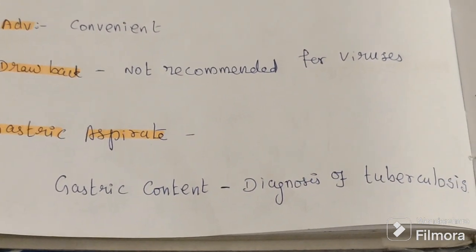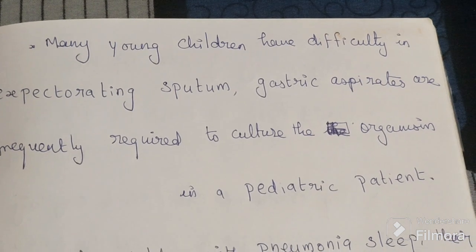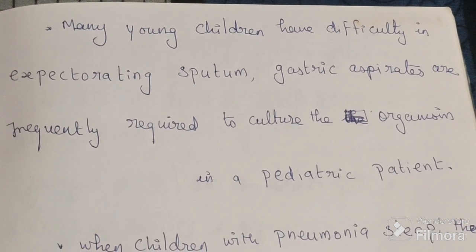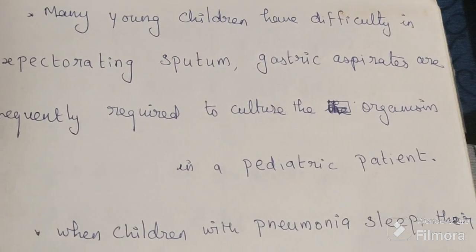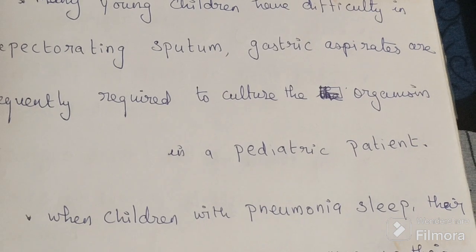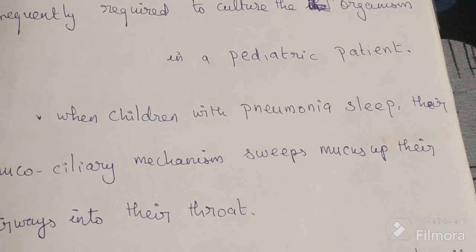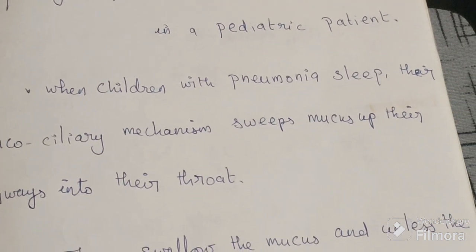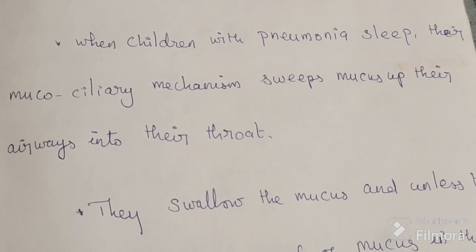Then gastric aspirate, for diagnosis of tuberculosis. Many young people have difficulty expectorating sputum. Gastric aspirates are frequently required to culture the organism in pediatric patients. When children with pneumonia sleep, their mucociliary mechanism sweeps mucus up the airway into the throat.